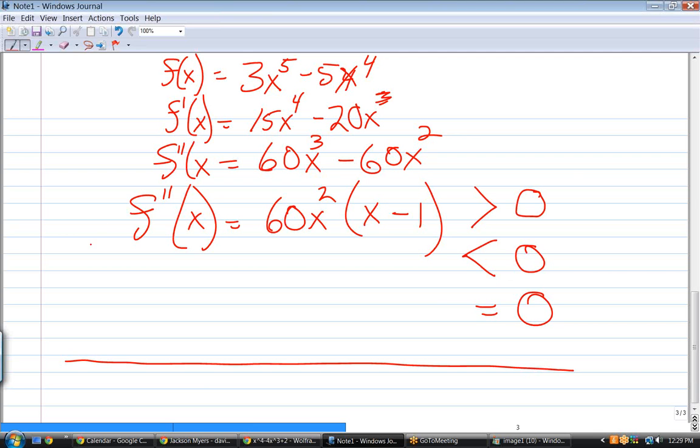What are the key critical points here? 0 and 1. It's the only time I put 0 on my sine chart. I don't put it as a basis because it gets in the way if it's not one of the critical points. So to the left of 0, what is the second derivative?